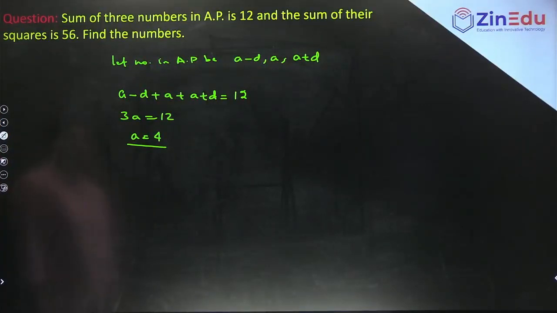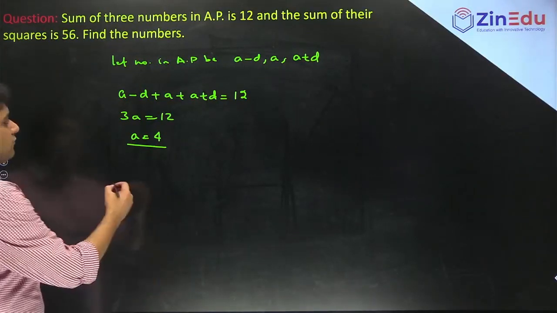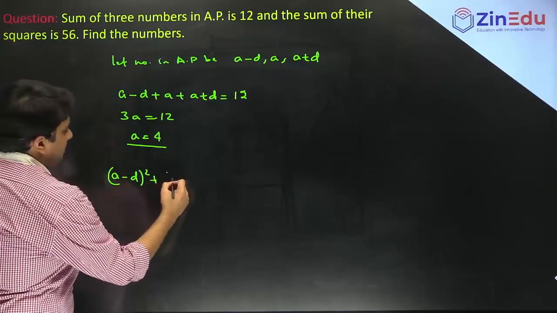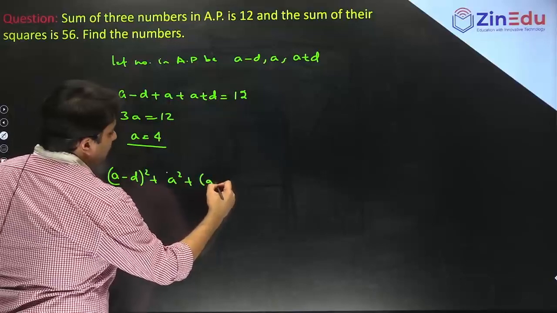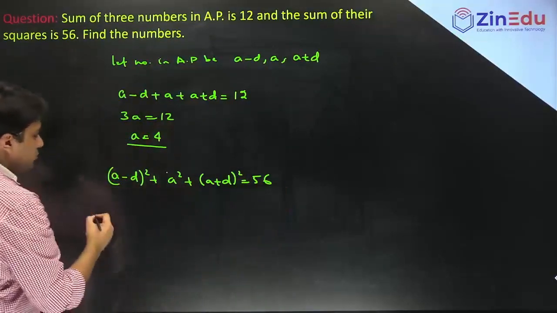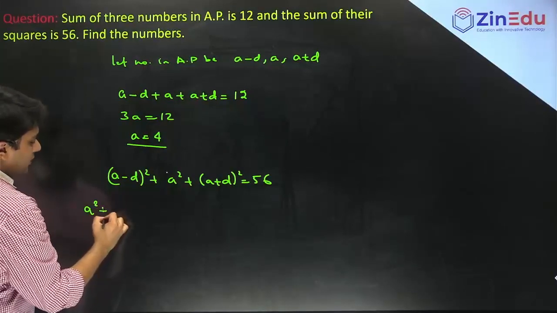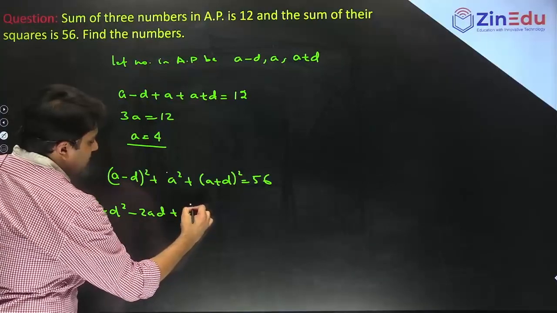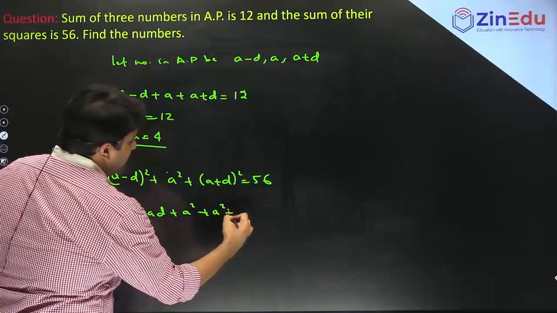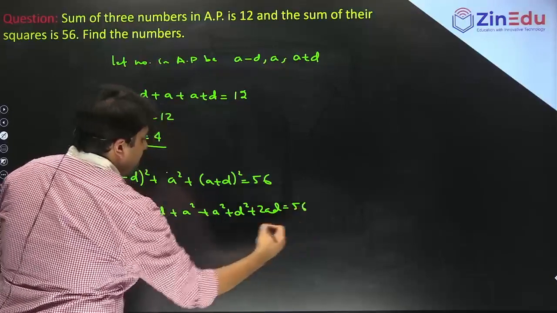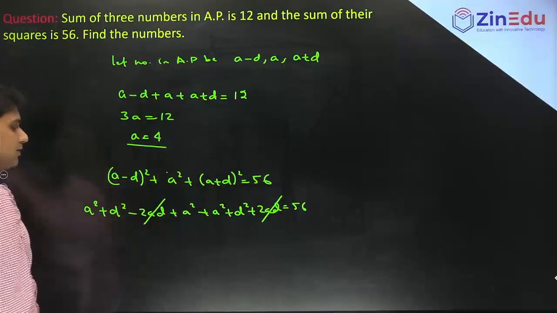Now according to the question, the second statement is the sum of the squares is 56. That means a minus d square plus a square plus a plus d square is 56. So let us try to open the brackets. A square plus d square minus 2ad plus a square plus a square plus d square plus 2ad equals 56. So we can see 2ad and 2ad get cancelled out.